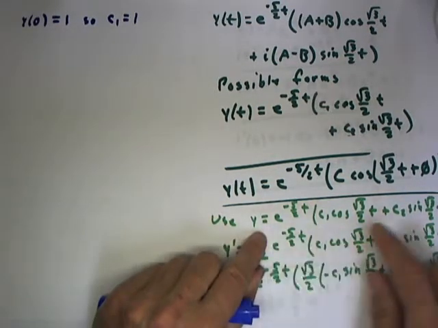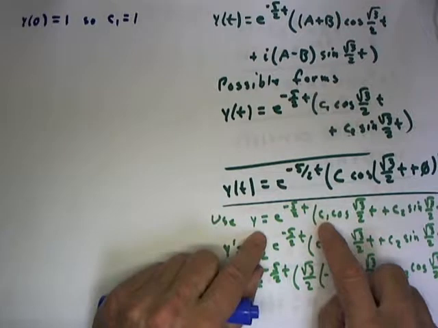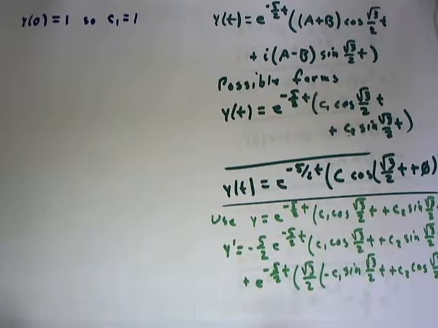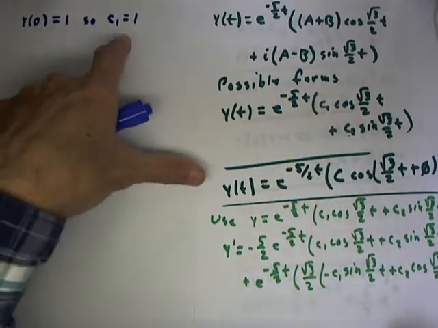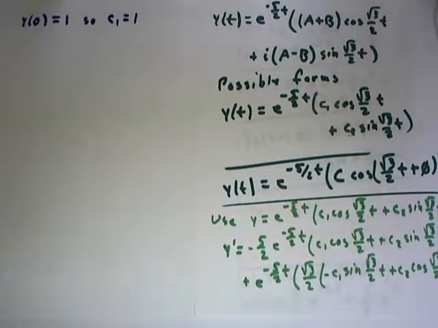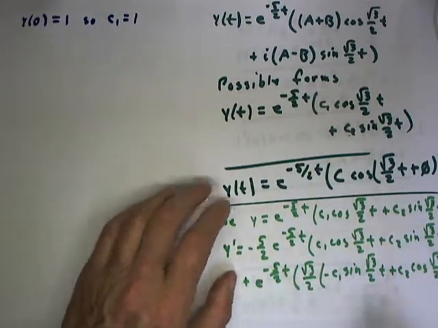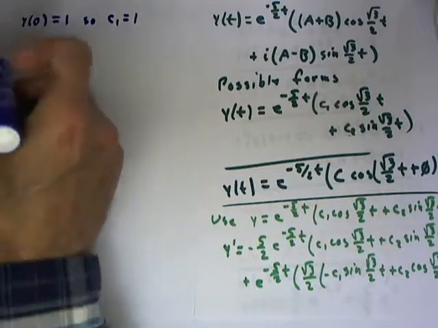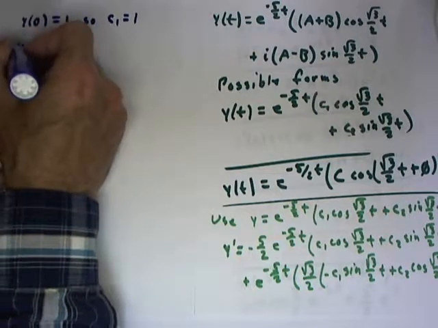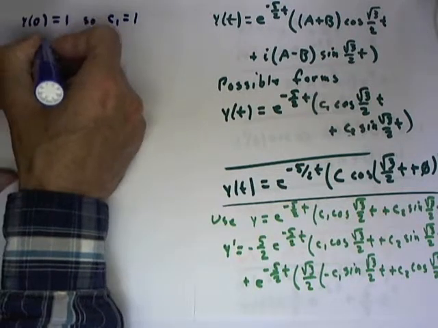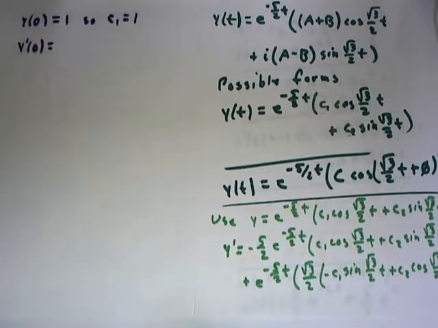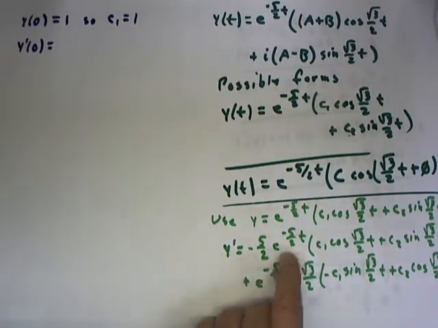Okay, again, plugging 0 in here for t, we just get C1. And since y of 0 equals 1, C1 has to be equal to 1. Now we're not going to be that lucky with y prime, so let's see what we get for y prime. Okay, y prime of 0 equals what? Well, it's negative 5/2 e to the 0, so that's going to give us negative 5/2.